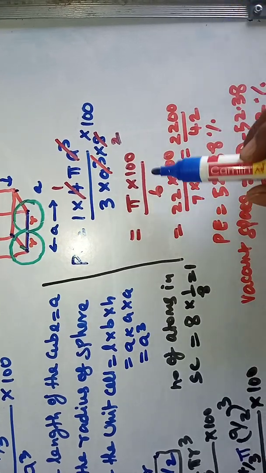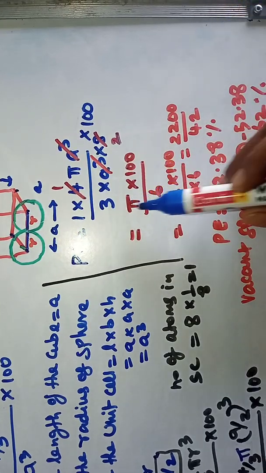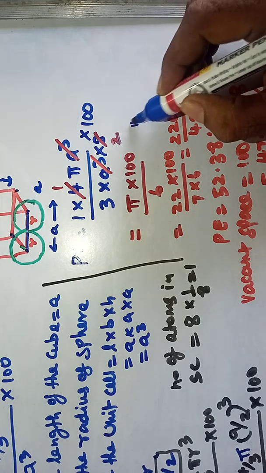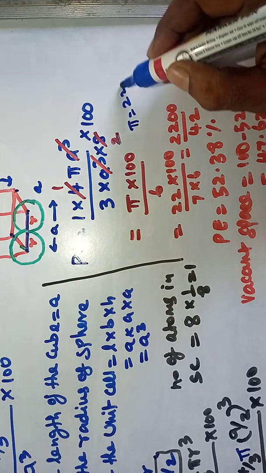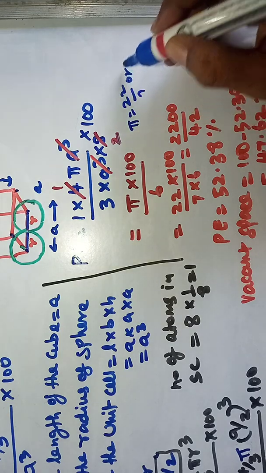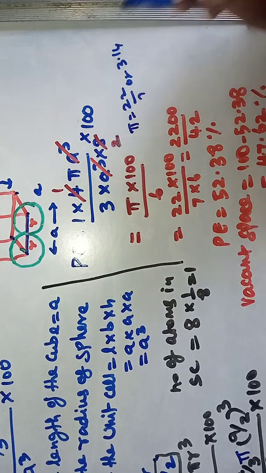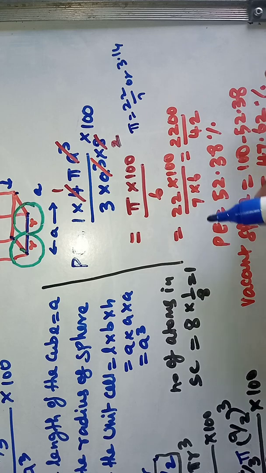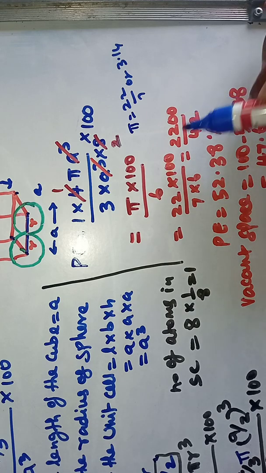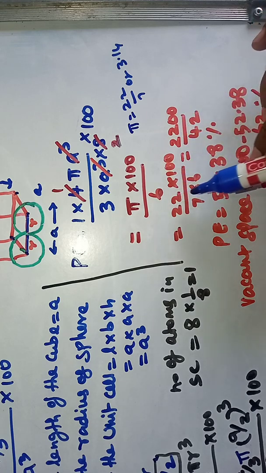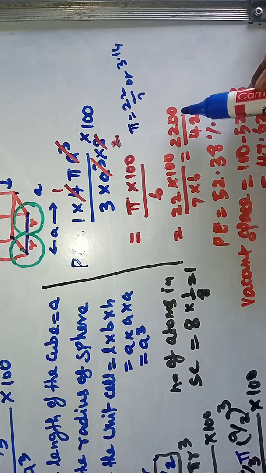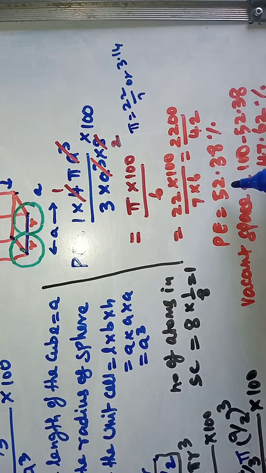Then we simplify this. We substitute the value of pi, 22 by 7 or 3.14. So we get packing efficiency equal to 22 into 100 divided by 7 into 6. So 2200 divided by 42. We simplify this, we get 52.38%.